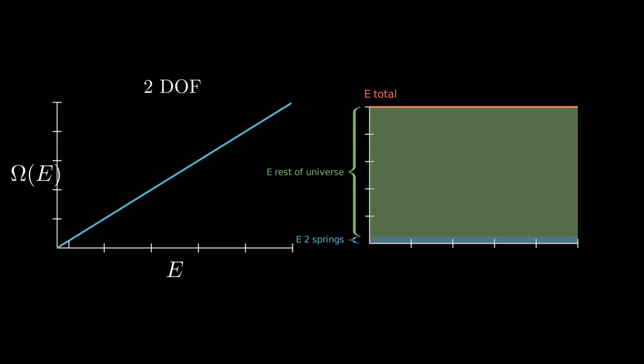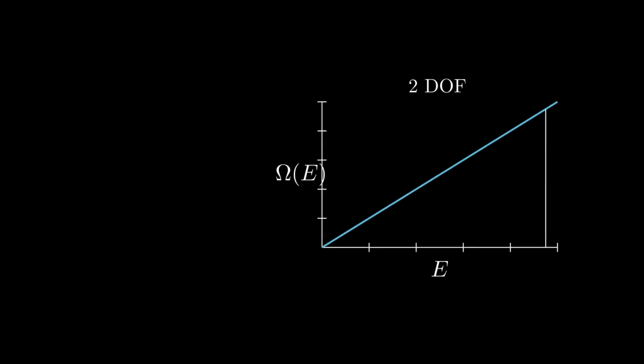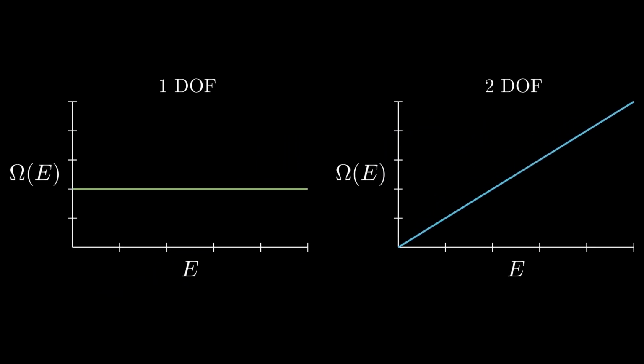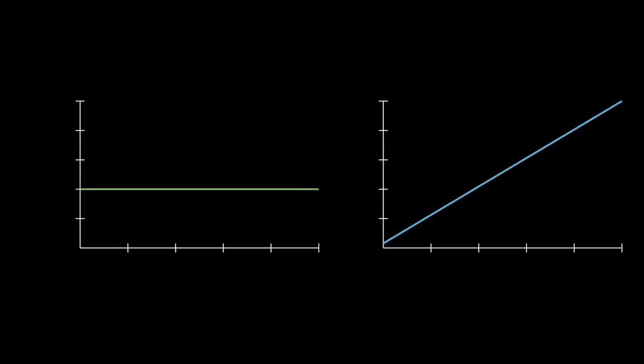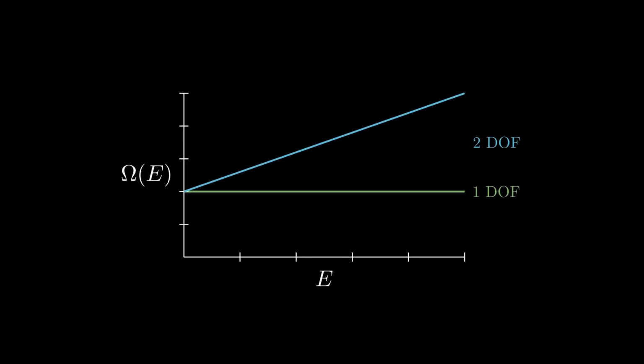Since each distribution contributes the same number of microstates, the total number of microstates corresponding to that total energy increases as well. So, when we compare how the number of microstates available at a specific energy E changes as the amount of energy allocated to that system increases, for a one-spring system with 1 degree of freedom and for a two-spring system with 2 degrees of freedom, we can see that in the one-spring system it doesn't change at all, and for the two-spring system it grows linearly with energy.